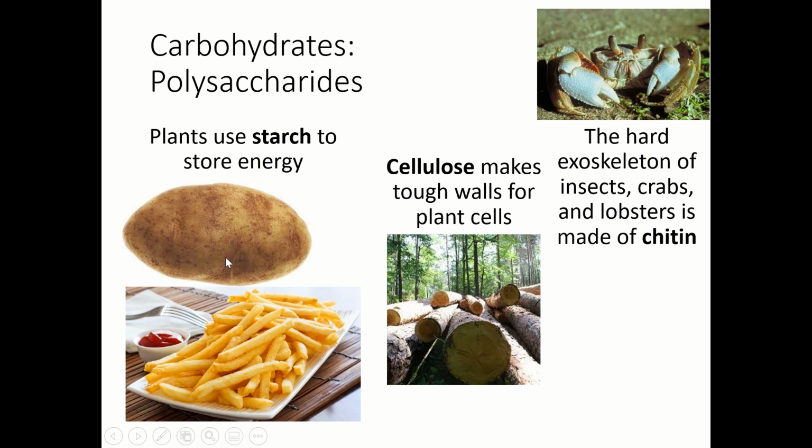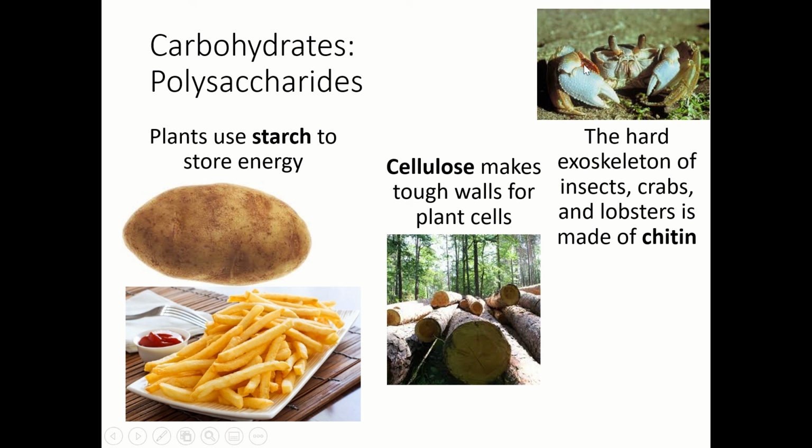Plants use starch not to feed us. They create these pockets of starch like potatoes in order to store energy so that during times when the plant is not actively doing photosynthesis, it can still survive on the energy that it has stored away as starch. Cellulose helps plants stand up. It's what they use to make physical structures for themselves.